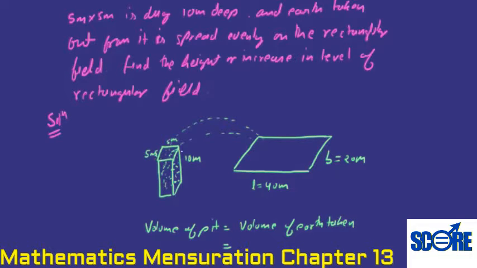The pit is nothing but a cuboid having length 5, breadth 5, and height 10. So 5 into 5 into 10 meter cubed of earth is taken from this pit. Now this earth is spread evenly on the rectangular plot, and the level of the plot increases. Let's assume it increases by height h.